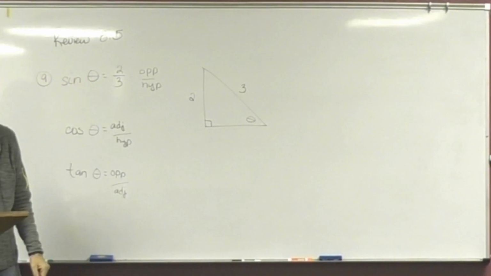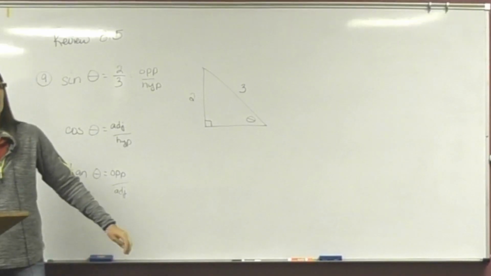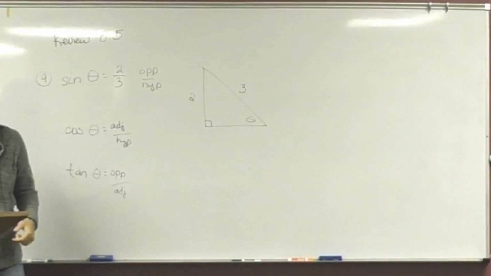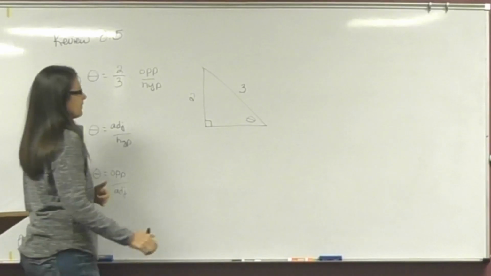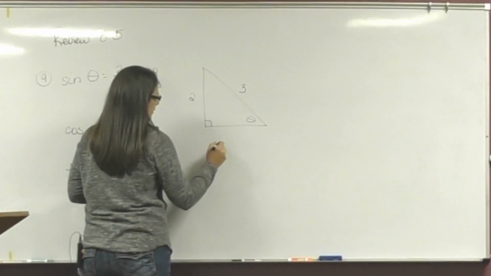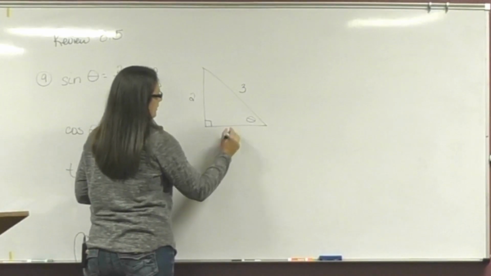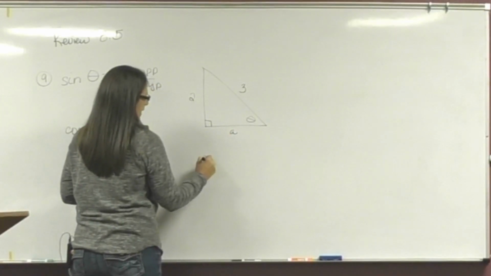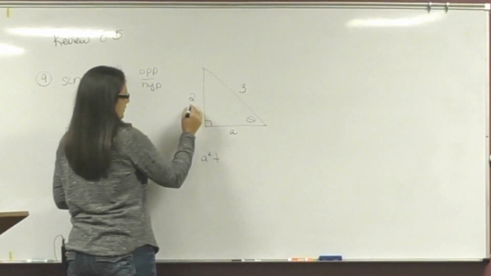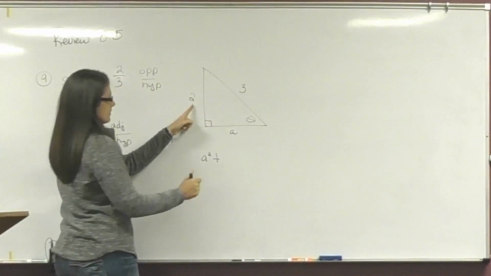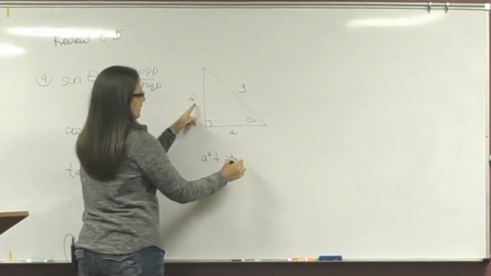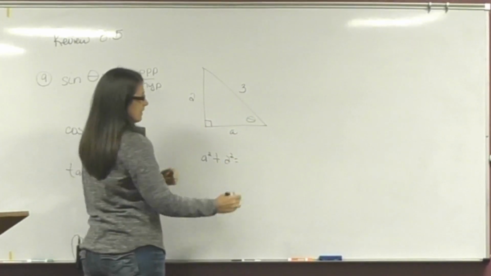So in order to figure out what that is, I would use the Pythagorean theorem. It doesn't matter. We can call this A. So A squared plus, if this is A, then this has to be B, because the hypotenuse is always C.